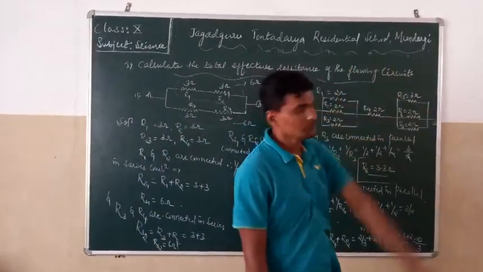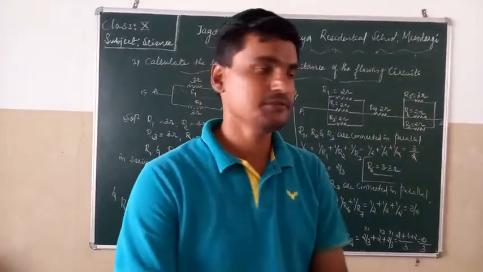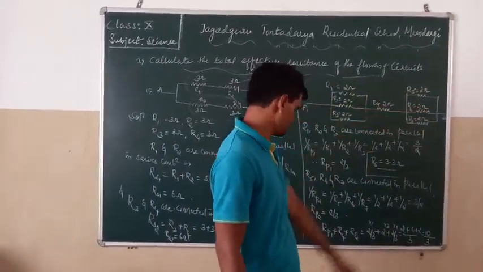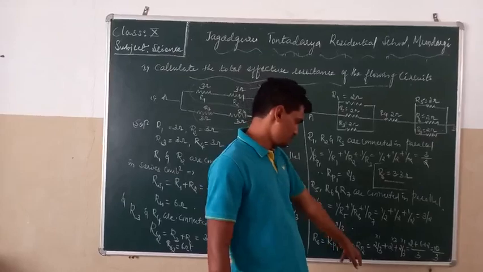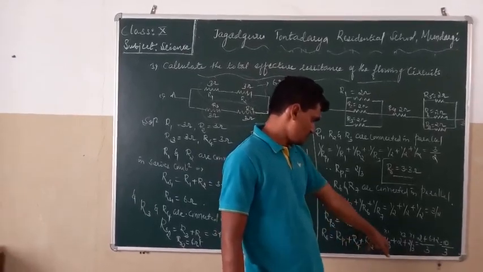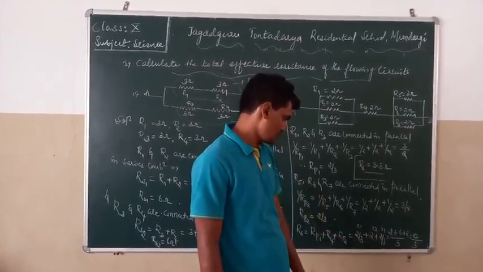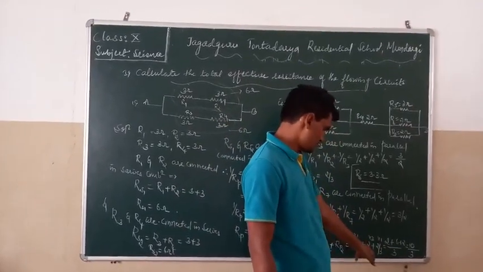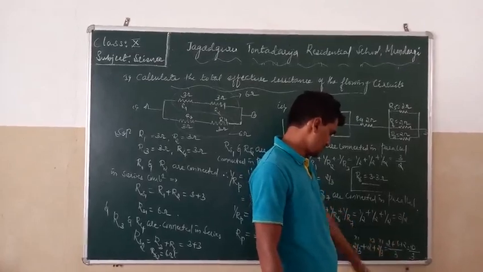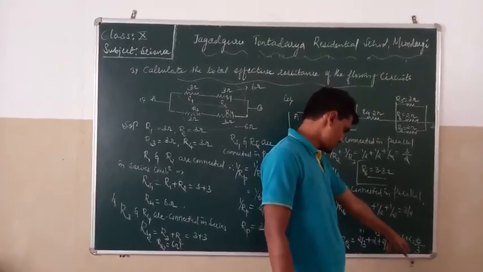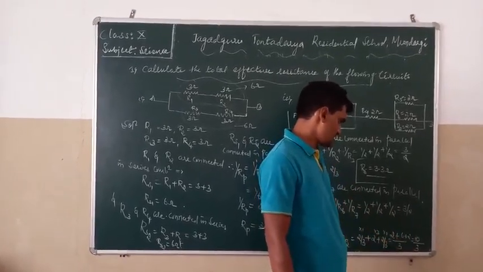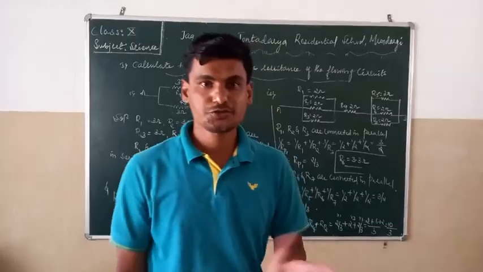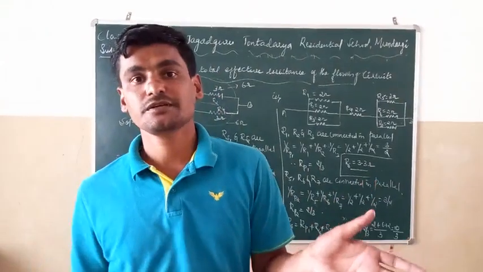What will be the effective resistance between terminals A and B? Sum of this combination: Rp1 plus R4 plus Rp2, 2 by 3 plus 2 plus 2 by 3. The LCM is 3. 2 into 1, 2 plus 6 plus 2. Automatically it is 10 by 3, and it is nothing but 3.3. You know how to calculate this one?